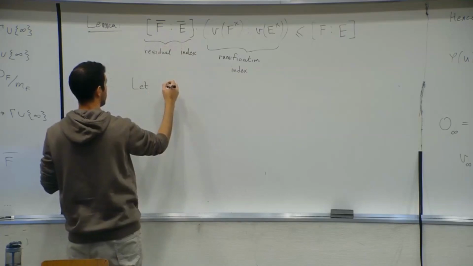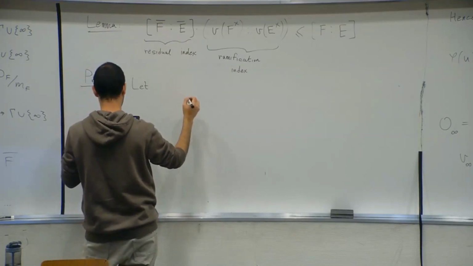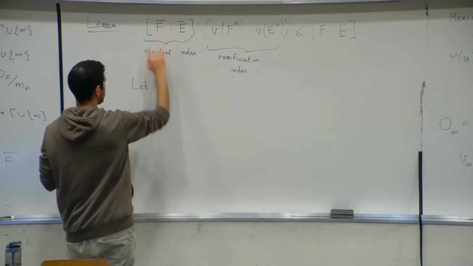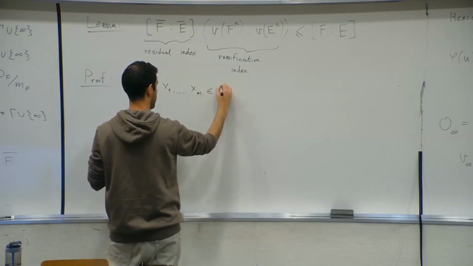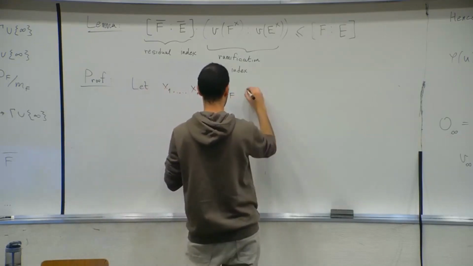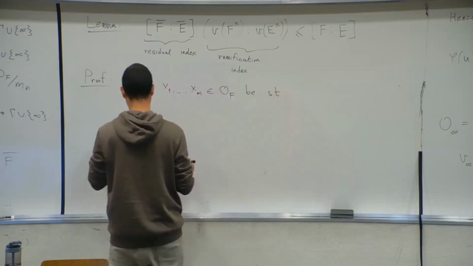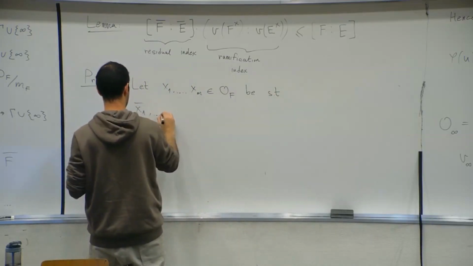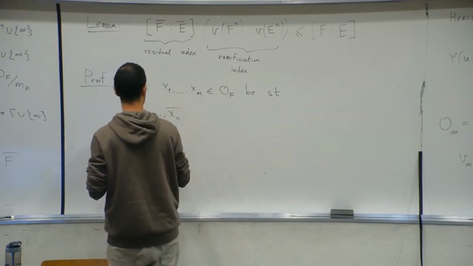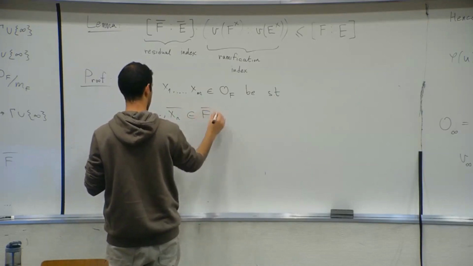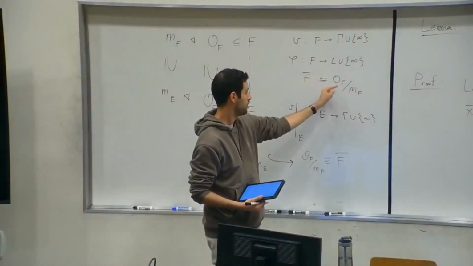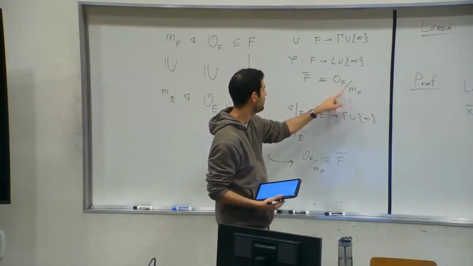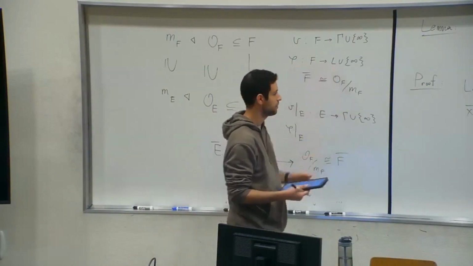So let x1 to xm be elements in O_F such that, when I say x bar, I mean an element in O_F; its bar is just its quotient, in this field, which is just its image under phi.